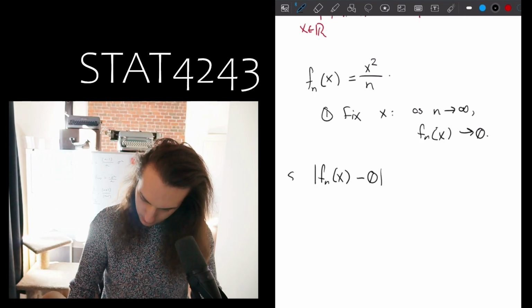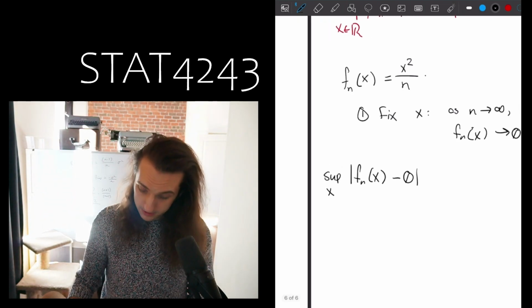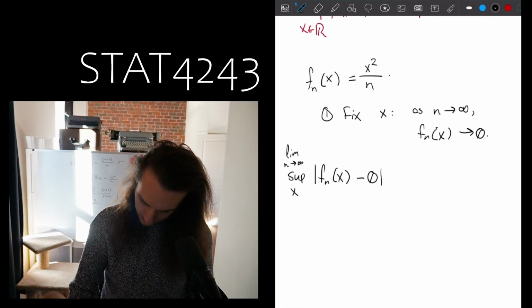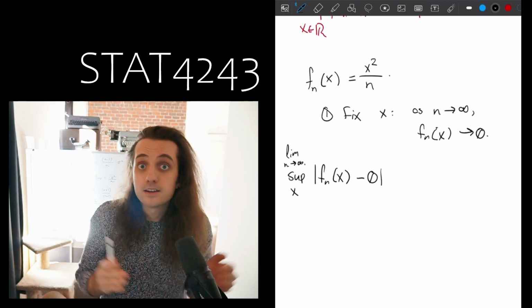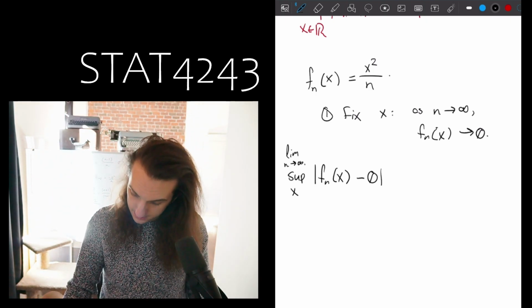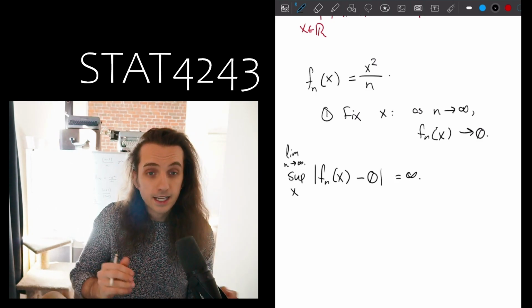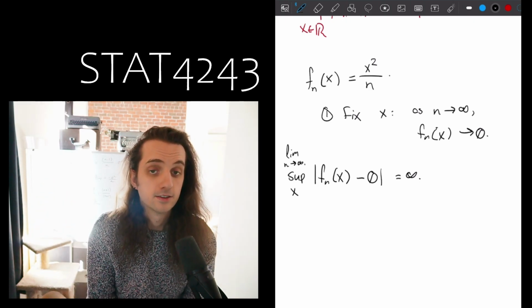if you take the supremum of this over x, and then you take the limit as n goes to infinity, so we first take the maximum difference, and then we take the limit, this is going to be infinity. The issue is that as x grows, we can't keep pace with that over n.